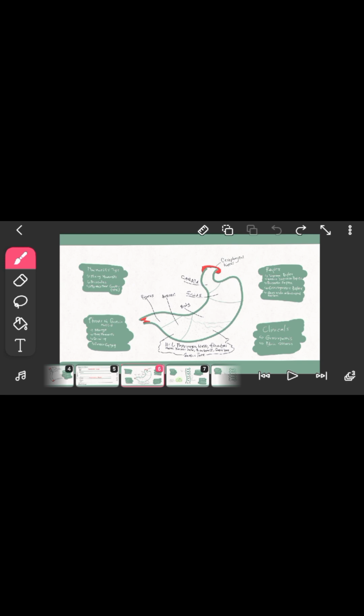So, after undergoing a lot of movement up and back and forth, the bolus starts dissolving and turning into what's called chyme.